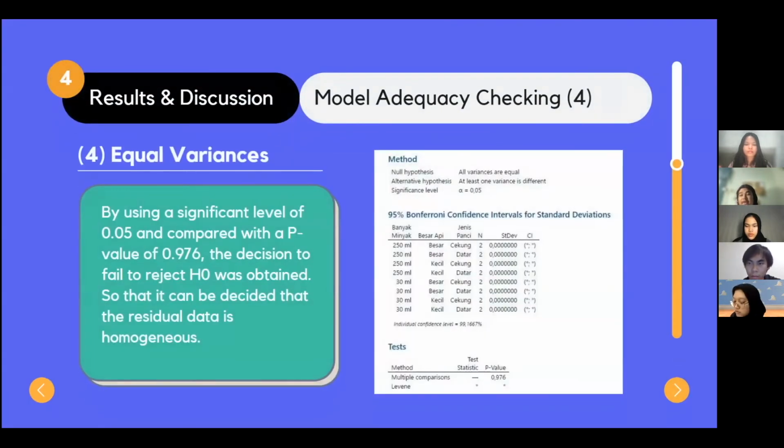Next is equal variance. Using a significance level of 0.05 compared with the p-value of the data, which is 0.976, the decision to fail to reject the null hypothesis was obtained, so it can be decided that the residual data is homogeneous.